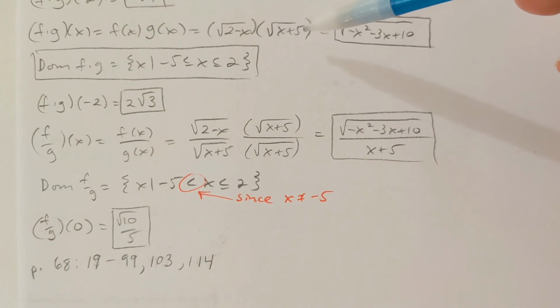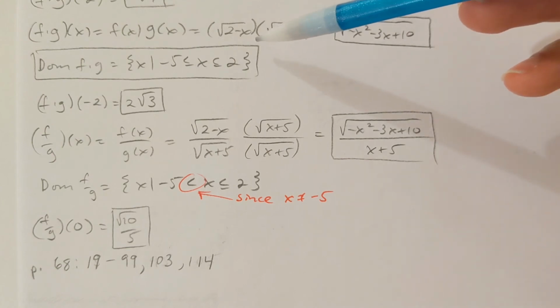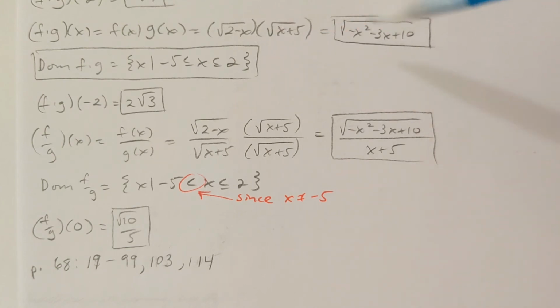Negative x times 5 is negative 5x, plus 2x is negative 3x. 2 times 5 is plus 10. So the square root of negative x squared minus 3x plus 10 is what I get there.